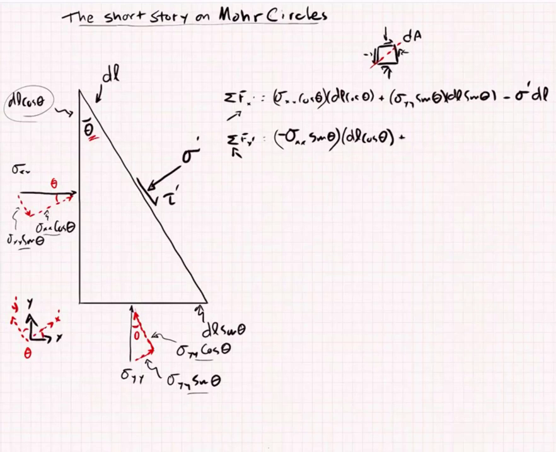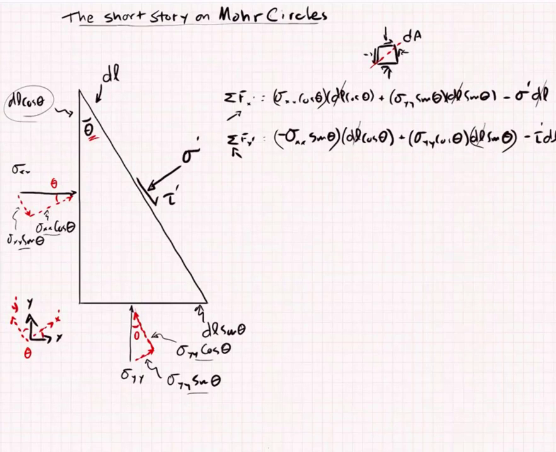And then acting in the positive sense of the y prime axis, we have sigma yy cosine theta acting on its surface, dl sine theta. And opposing that is tau prime times its area, dl. And again, those will sum to 0. Now, we can see from these that the dl cancels out of each term, as it should.